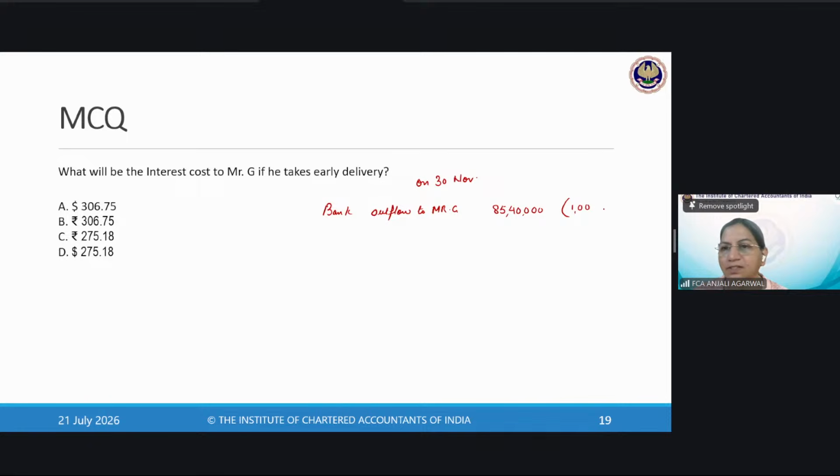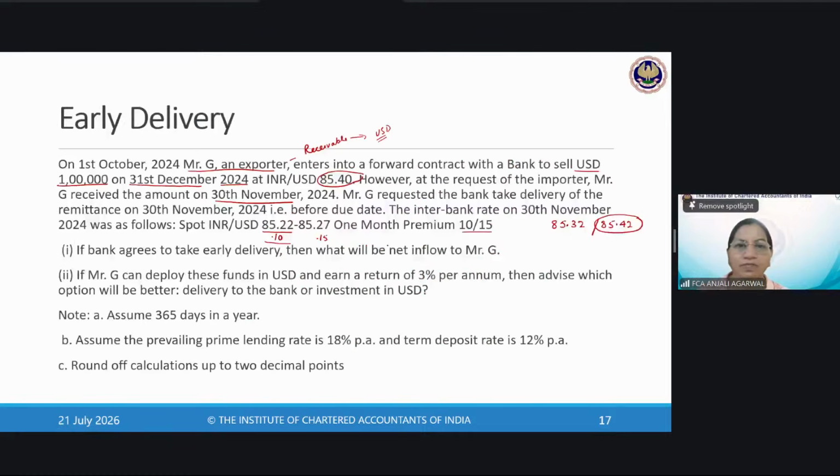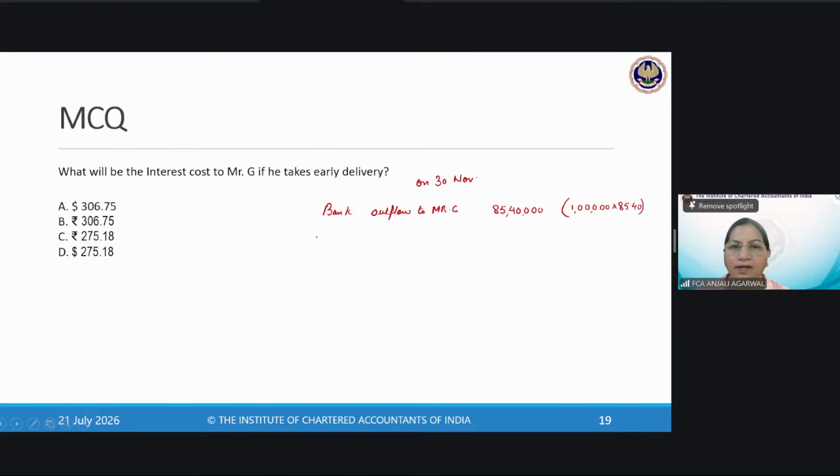1 lakh dollars at 85.40, the price of the forward contract which Mr. G has entered to sell the dollars. This bank will be able to sell in the market at 85.22. And the bank's inflow will be 85,20,000, as the bank sells at 85.22.